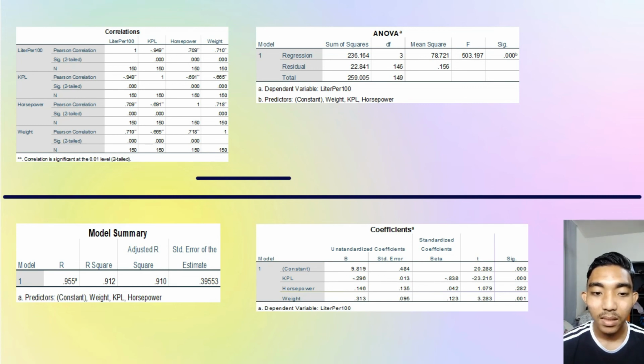Based on the standardized coefficients beta, the effect of KPL is minus 0.838, almost 0.3 times that of horsepower 0.042 and weight 0.095. The p-value for only KPL and weight are less than 0.05.